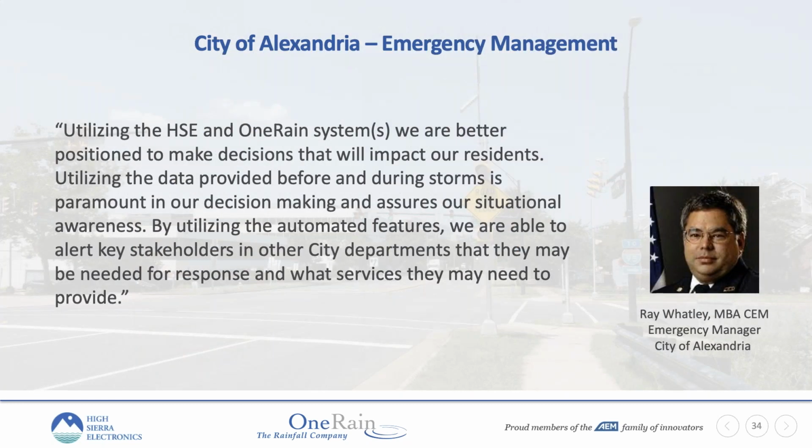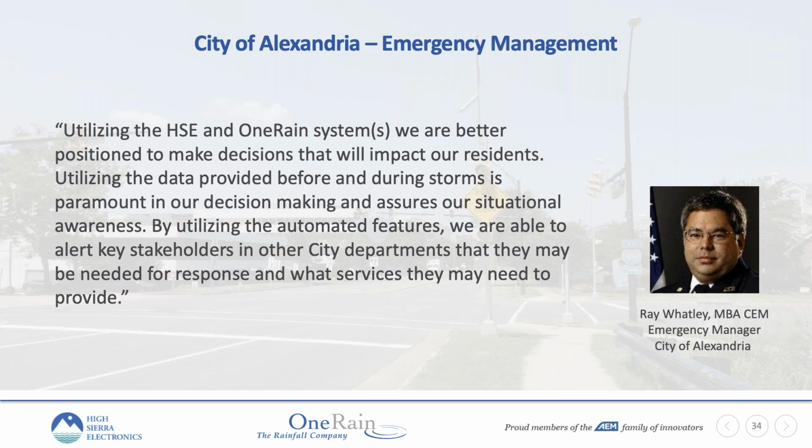Again, the flood warning system there in Alexandria was first put in as a project owned by the Emergency Management and Fire Rescue group. They needed something to help prevent or mitigate having to go pluck people out of the water. Ray Watley is the emergency manager there currently in Alexandria.